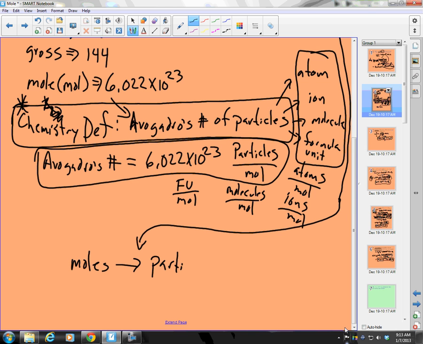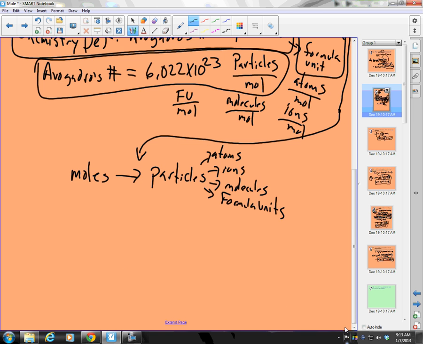And we said, hey, particles can be atoms, ions, molecules, or formula units. And I work these all using dimensional analysis.